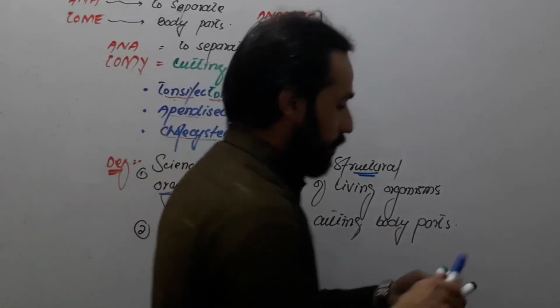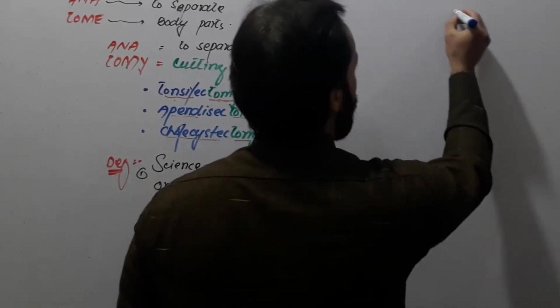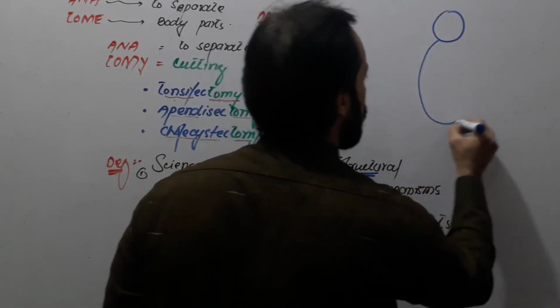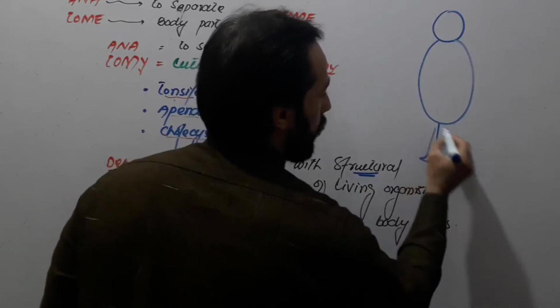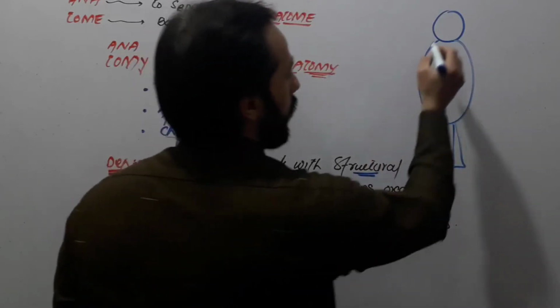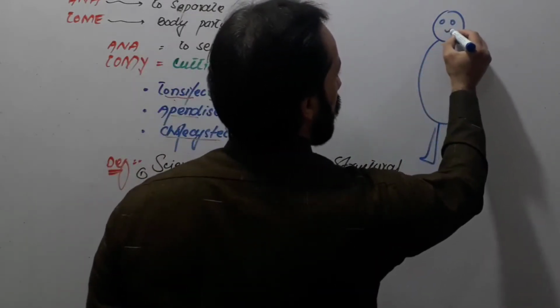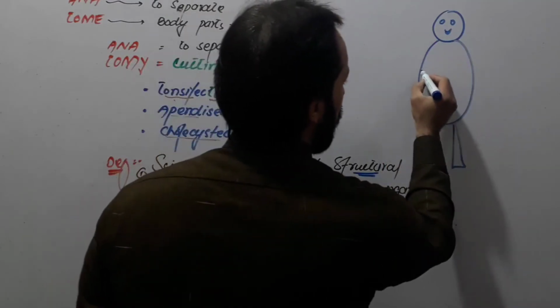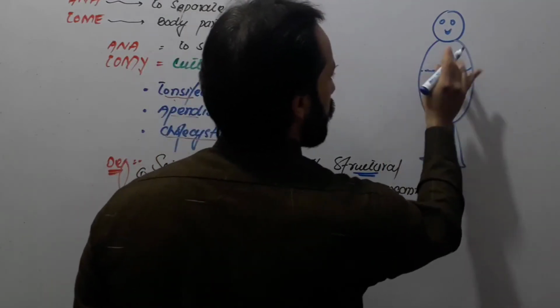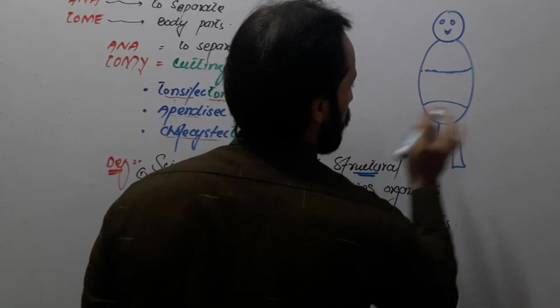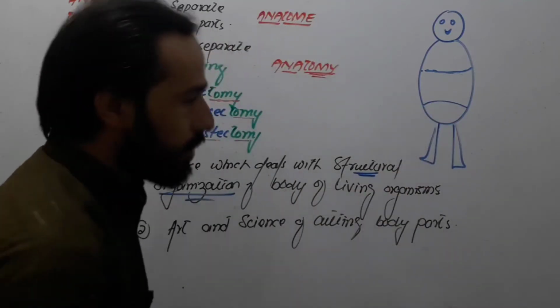Why? Look carefully, my dear friends. If I draw here a baby, here is a person standing, right? And we know that here are his eyes and this is his mouth. And here is the chest cavity, then the abdominal cavity, and then the pelvic cavity, right?